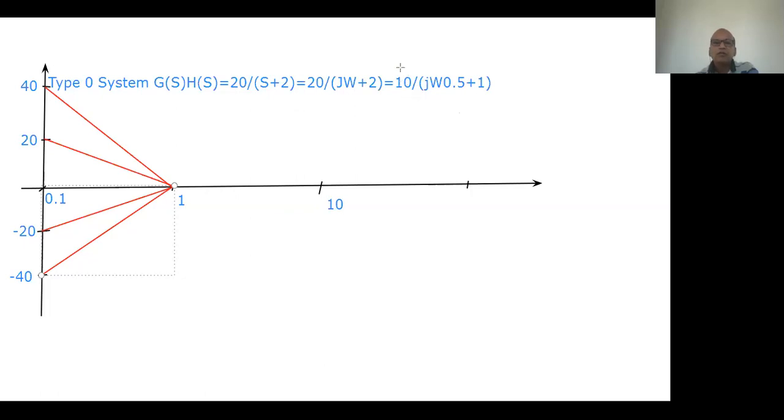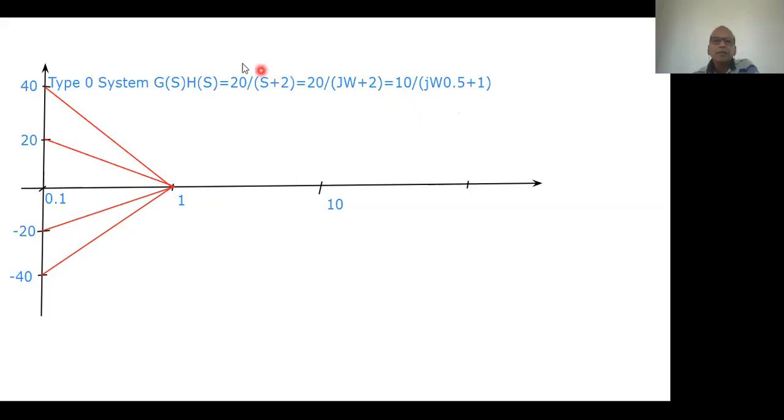What is the magnitude of this 10? The magnitude equals 20 log 10, then we get 20 dB.